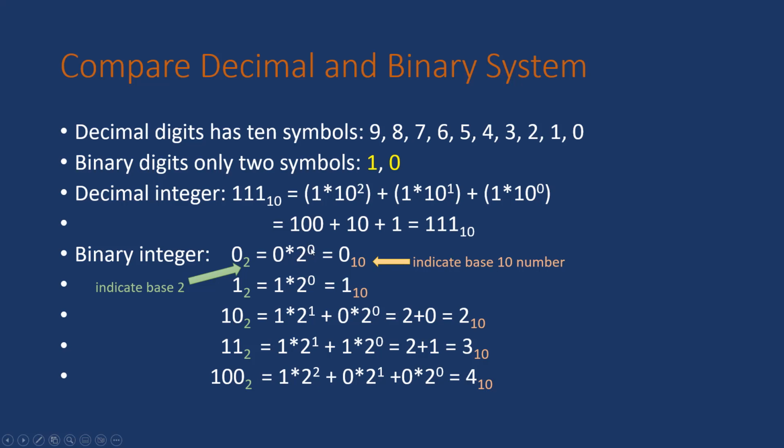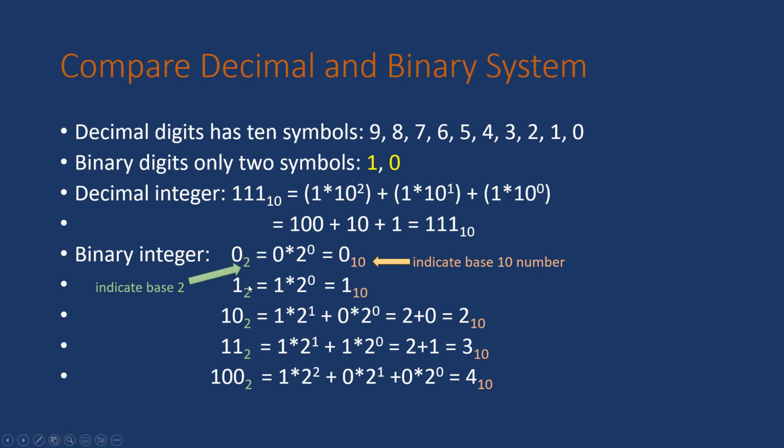Any number to the power 0 is 1, and 0 multiplied by 1 is 0. So the binary digit 0 is exactly equal to the decimal digit 0. The subscript 10 indicates this is a base 10 number. We use this notation to tell what the number system is.